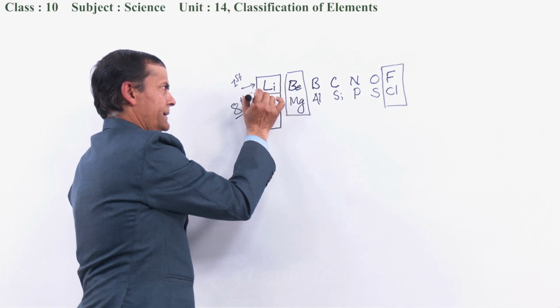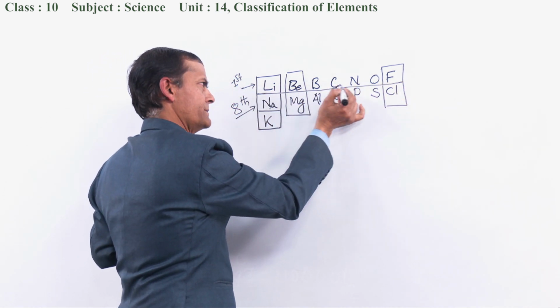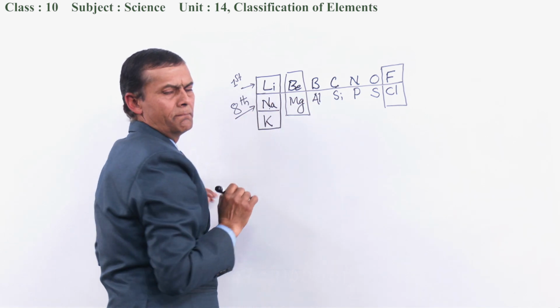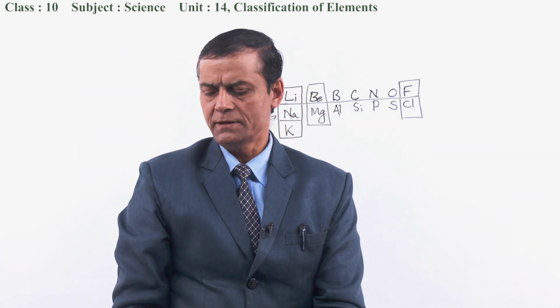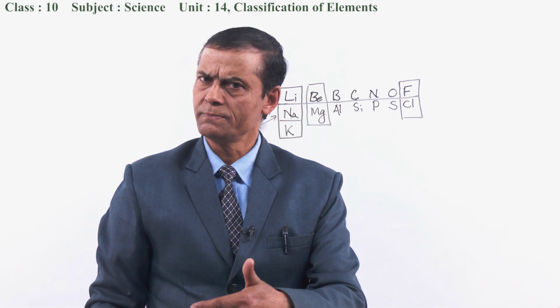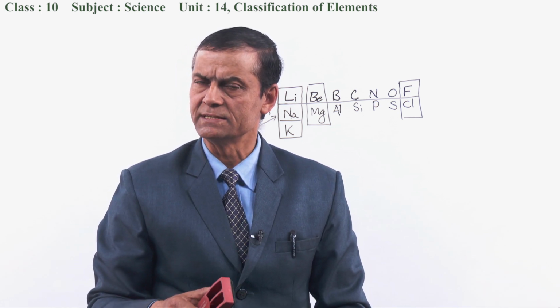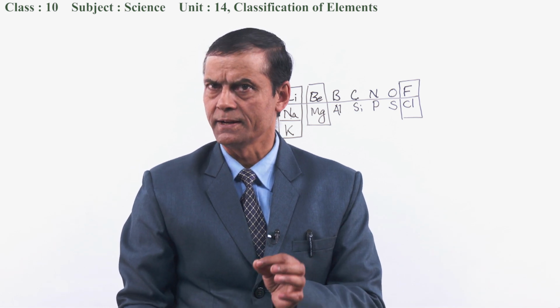So, elements were classified according to increasing atomic weight, atomic mass, in Mendeleev's periodic table. But later on, this rule based on Mendeleev's periodic table demonstrated so many complexities and difficulties, so it was modified into the modern periodic table.